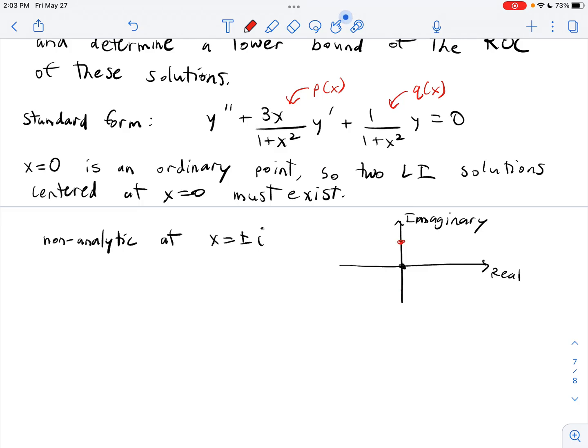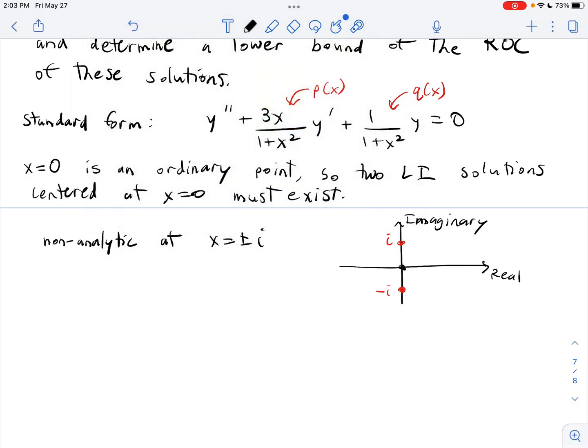Well, i is up here. Negative i is down here. So this is i, this is negative i, and this other guy in the middle is 0. These are complex numbers. What are these distances? This guy is 1. This guy is 1.